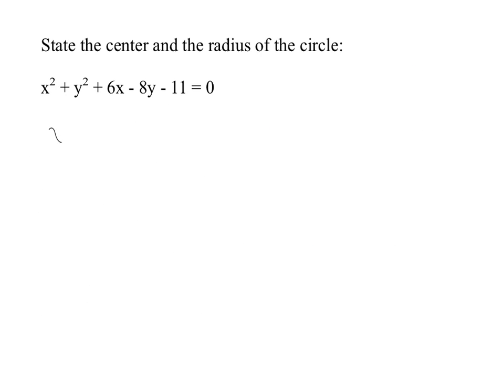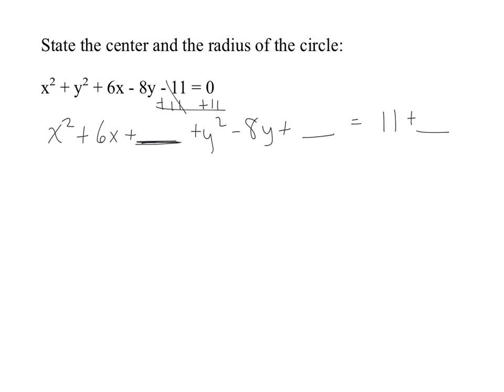Okay, we're going to do this again, make sure you understand. So group the x's, and we're going to complete the square. I'm going to do that step right away. We're going to add the 11 to the other side, and whatever we added here to get the x's, we're also going to add to this side, and the y's to this side.